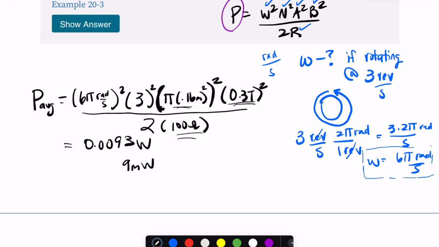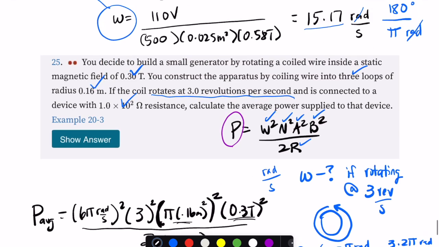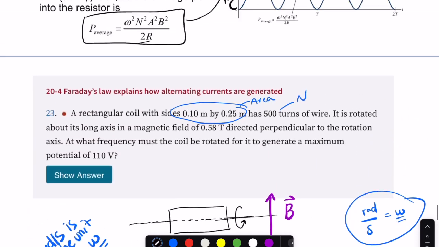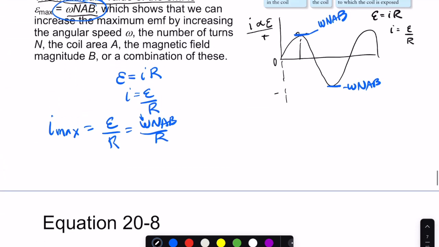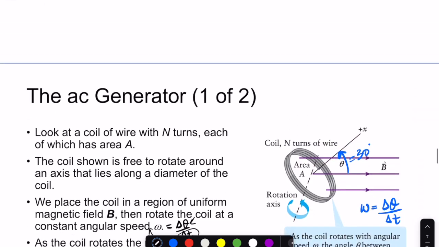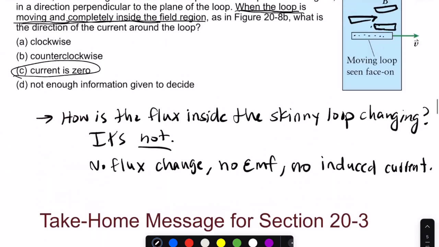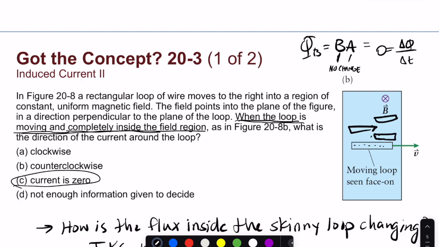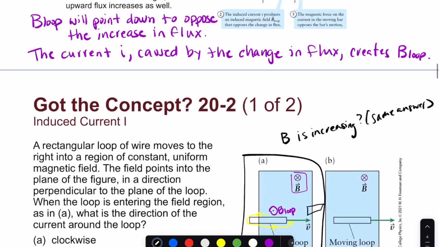So that wraps up this chapter. I will post another video with some good review on right-hand rule stuff, finding the induced current. I feel like that's going to be the hardest part. This last part is pretty easy. Finding the induced current direction in situations like this, got the concept.